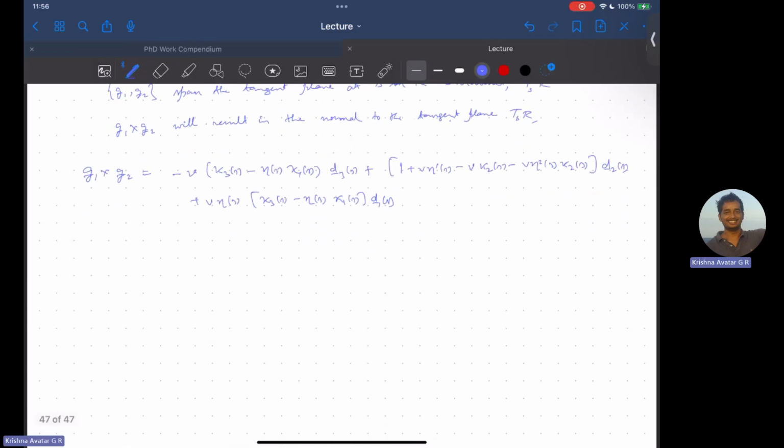Since g1 cross g2 is the normal, it is equal to some lambda times the normal vector, which is lambda of d2 vector.